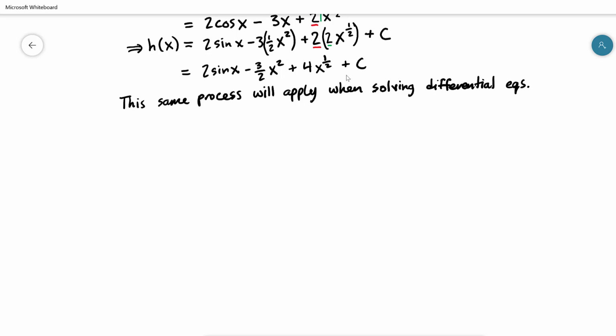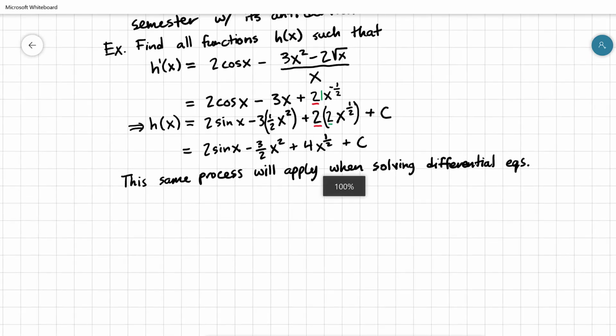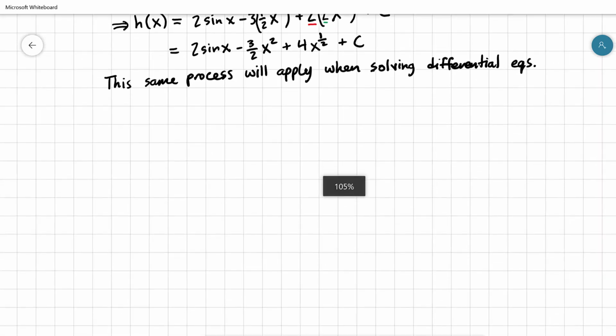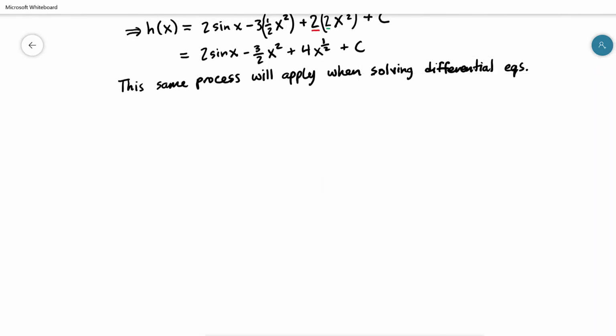But if you think about it, when we found this function up here in the last example, and we said we're really finding all functions, if I find something that has the derivative I'm looking for, so let me give you a little sketch to illustrate this point. Maybe I decide that here is the appropriate function. This is that h of x from the previous example.